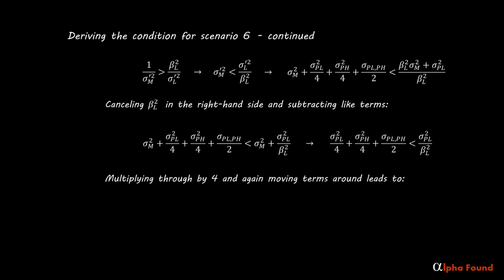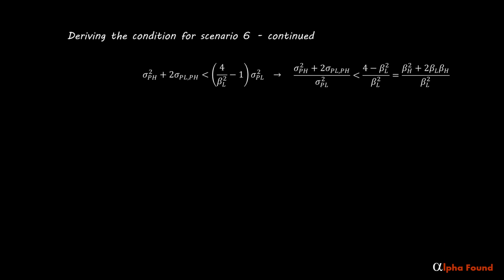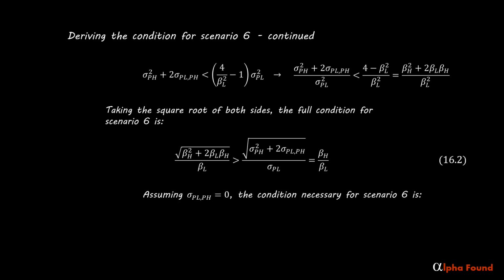Multiplying through by 4 and again moving terms around leads to taking the square root of both sides. The full condition for scenario 6, assuming the covariance between the perturbations is 0, is the condition necessary for scenario 6.